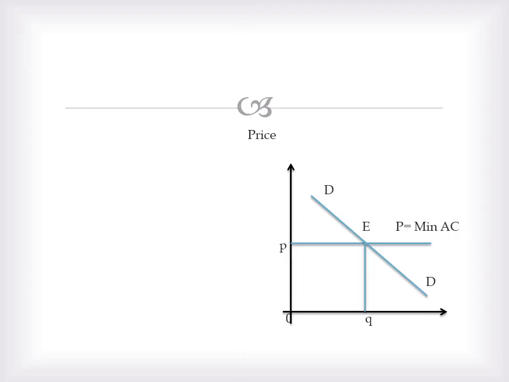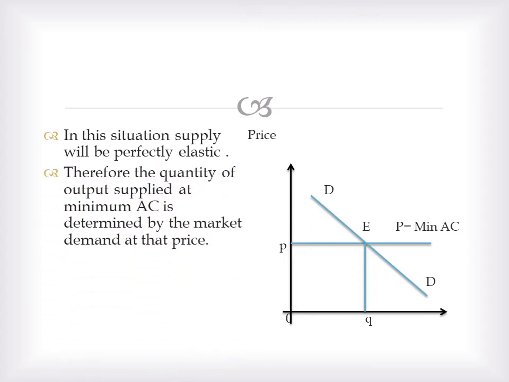Here in this diagram, price is plotted on the y-axis and quantity is plotted on the x-axis. The corresponding curve is called supply, which is parallel to the x-axis. In this situation, supply will be perfectly elastic.